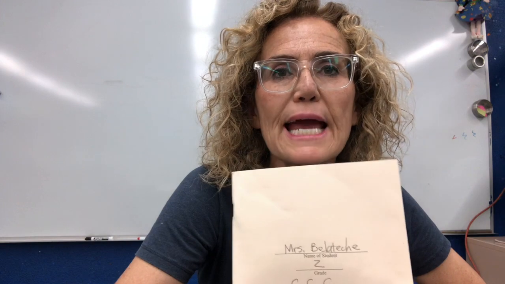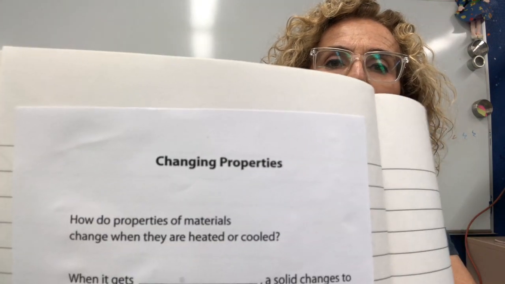Please get your science notebook, and I want you to glue in this page, Changing Properties. And it says, how do properties of materials change when they are heated or cooled? So, when it gets blank, a solid changes to a liquid.